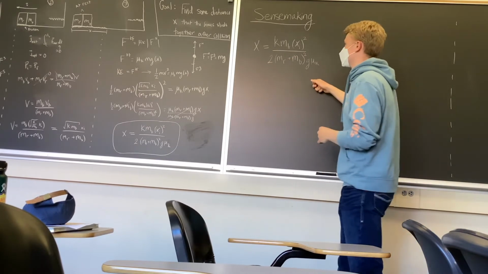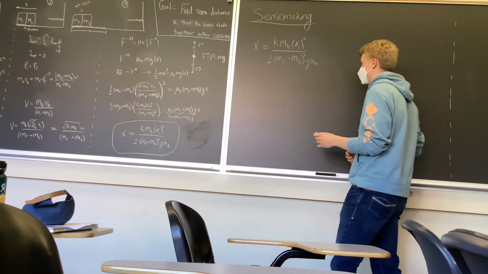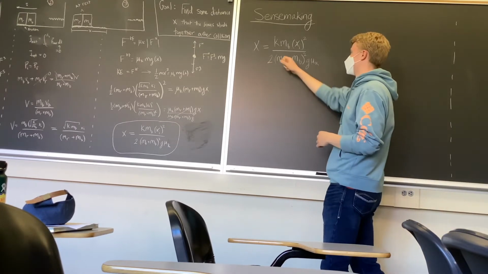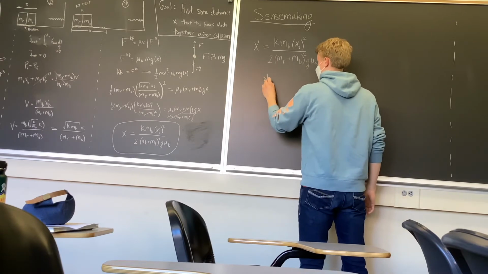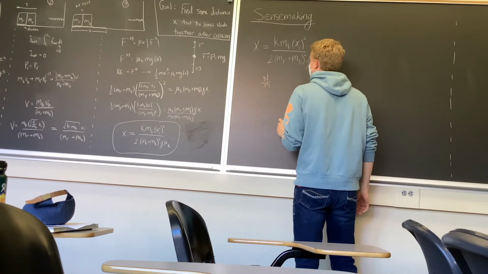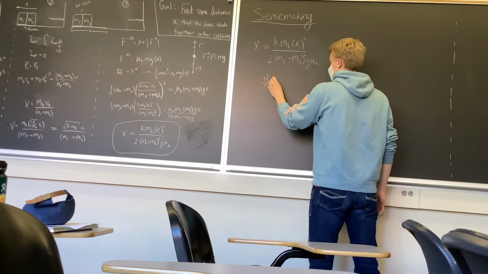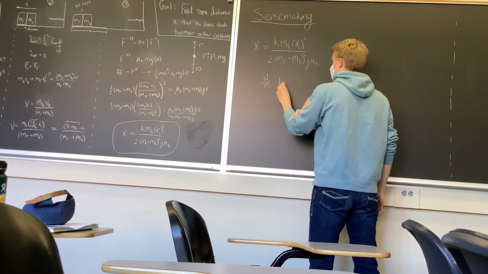Now we're going to do some sense making with this, and we're going to start with a unit check. K is our spring constant, and spring constant has units of newtons per meter. Then this is a mass, so we have units of kilograms here.